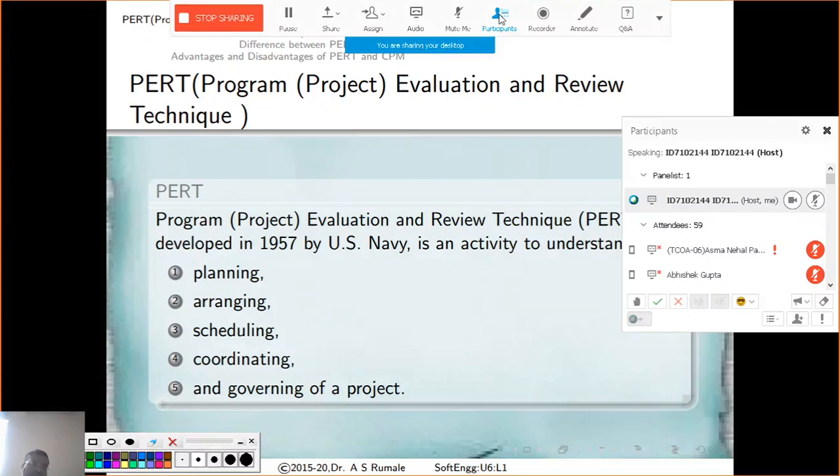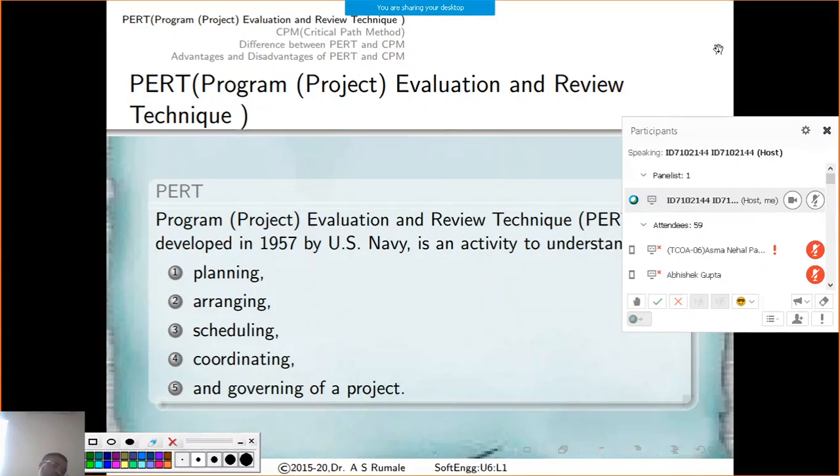Today's attendee count is very low till now. It's only 59. Ask all your friends to remain present for the SCPM lectures, because within 2 or 3 days we are going to finish our entire SCPM. This is the last point of software engineering and project management, PERT and CPM. After this, the 2 or 3 lectures are only for revision and a few examples, nothing else. For at least these last 2 or 3 lectures, I expect 100% presence, or at least 90%.